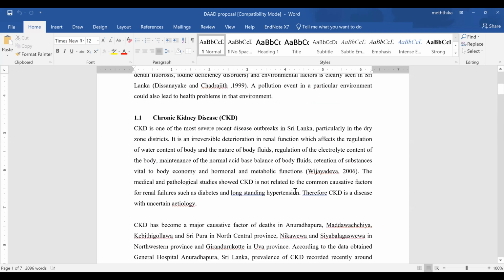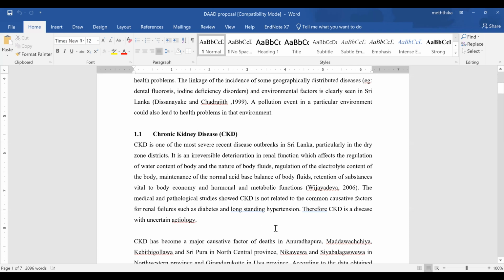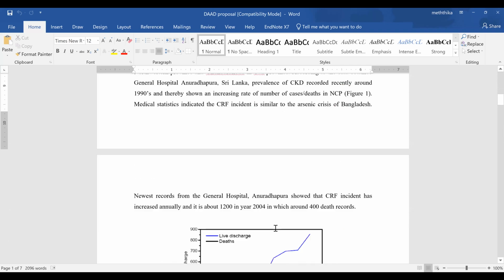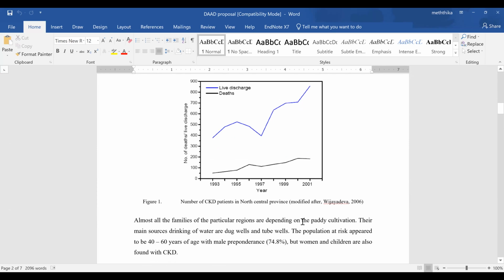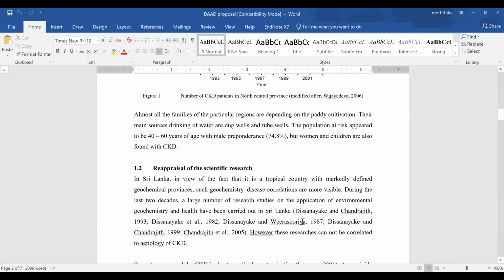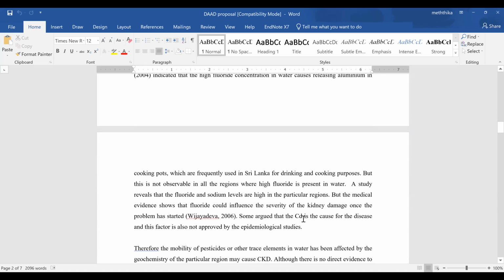So we start from an introduction, and then you write about the project and whatever had been studied in the literature. And then this is the background or the justification for the research.